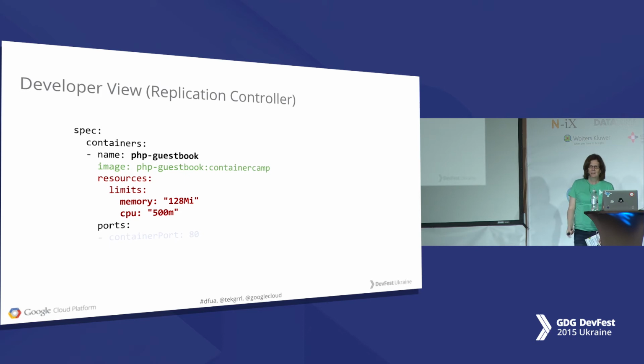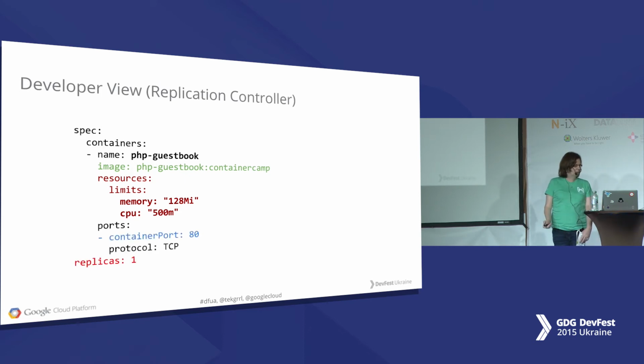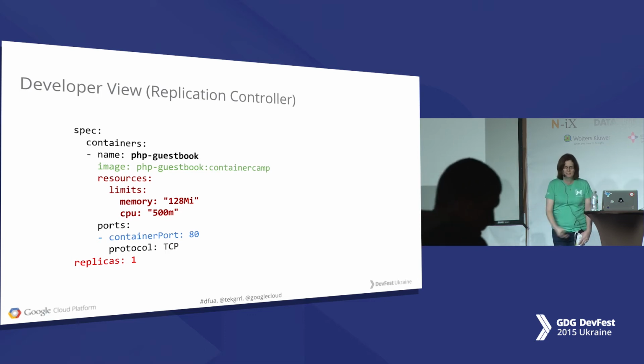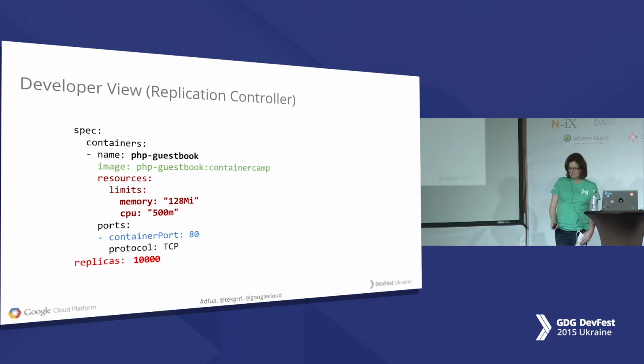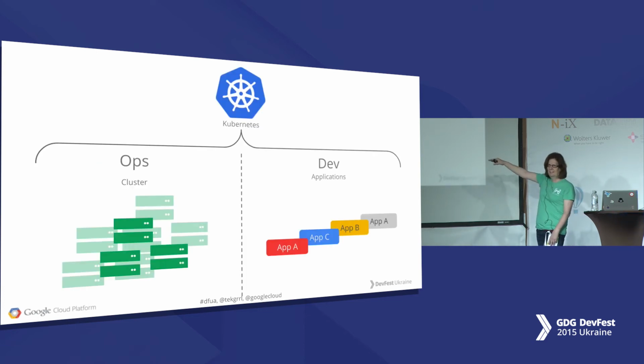This is 500M, that means half a CPU. We can specify ports, protocols, and ultimately the number of copies we want to have. And we could replace that with 10,000 as well. So this is our spec, this is our desired state. Once we pass this through Kubernetes, it will create a replication controller for us that will keep this desired state.